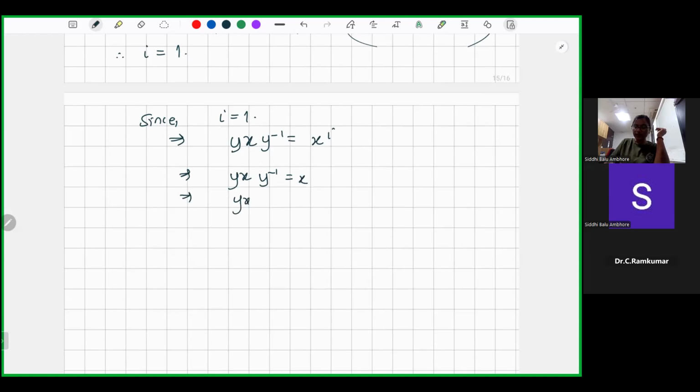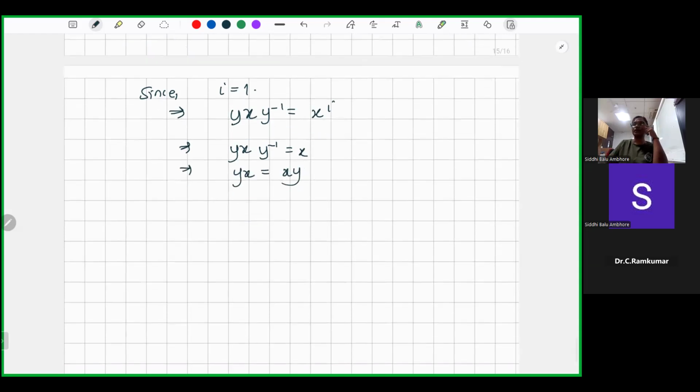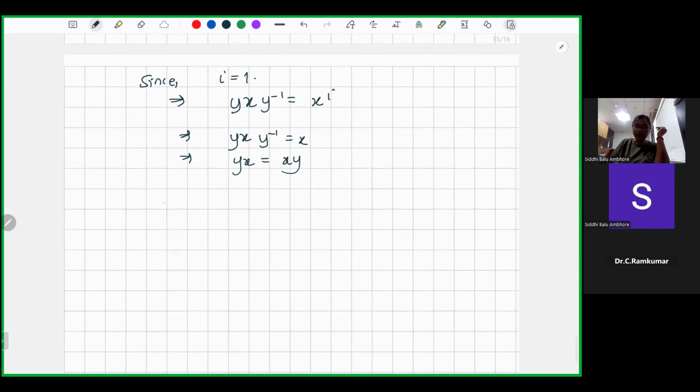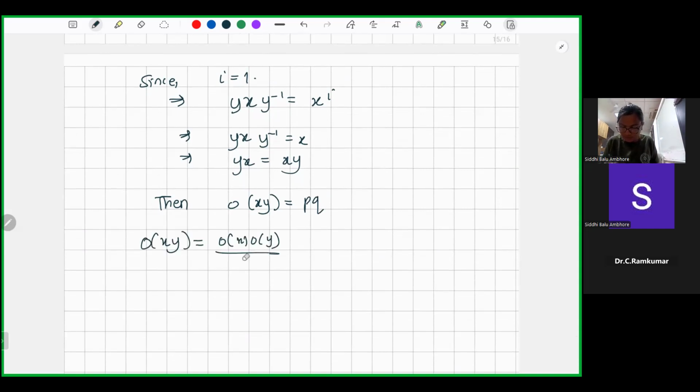This implies yx is equal to xy, just multiplying by y from the right side. And then the order of xy will be pq, right? Because the formula which we apply is the order of xy is equal to the order of x times the order of y by GCD of the orders.